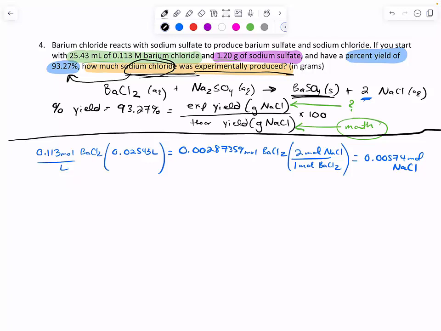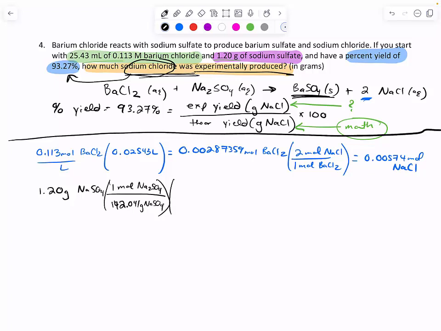So the next one is where we got to start is, what do we have the information about sodium sulfate? So we have 1.20 grams of sodium sulfate. How do I get to moles of sodium chloride? I know you know this. So you got grams. We go back to molar mass. 142.041 grams of sodium sulfate per every 1 mole of sodium sulfate.